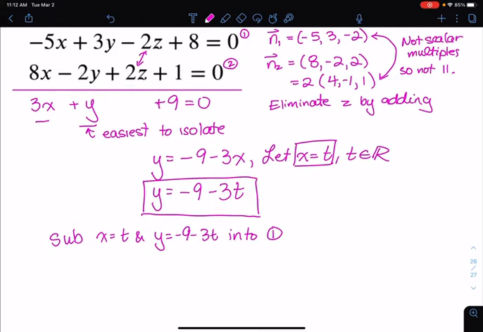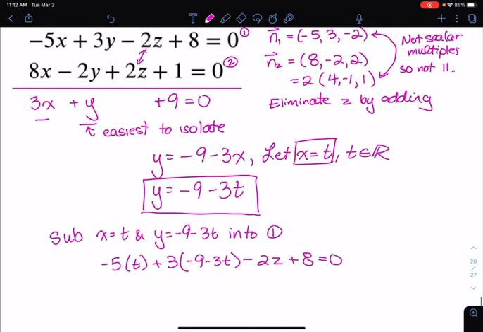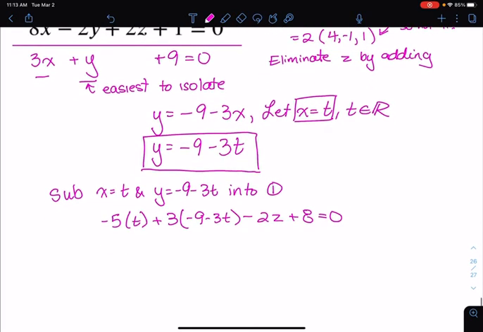So if I do that, I get -5 times t plus 3 times (-9 minus 3t) minus 2z plus 8 equals 0. So I've just replaced the x and the y with my new equations.